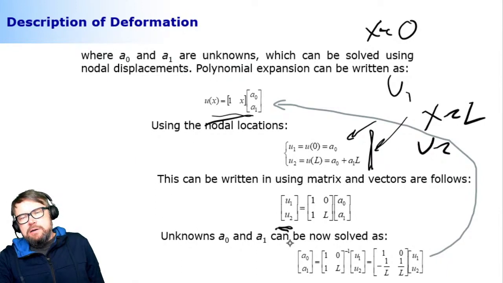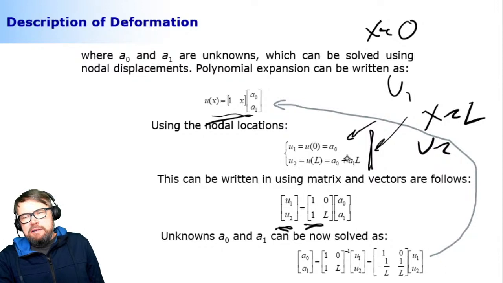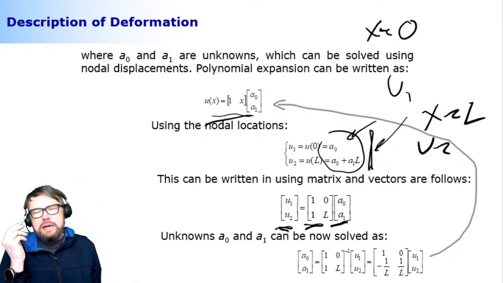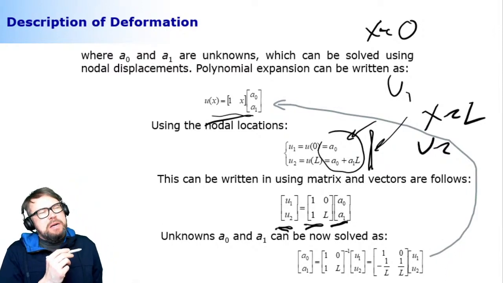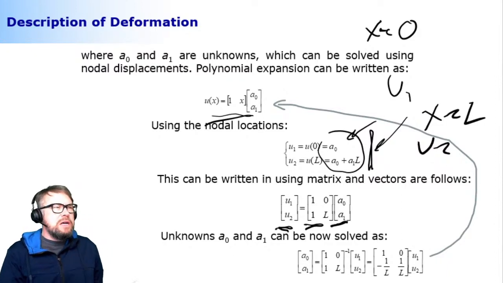I have here nodal degrees of freedom, my nodal displacement, and then the matrix which came from these equations, and then my original unknowns. These are the ones where I started. But I don't want to keep them anymore in the system, because they don't have a clear physical interpretation, and I want to have it clear. I want to understand the results.